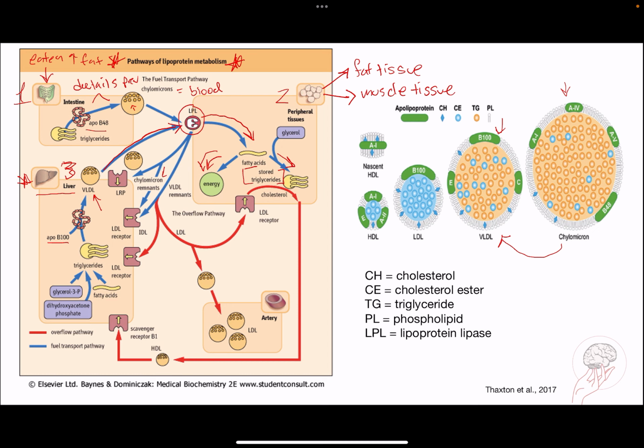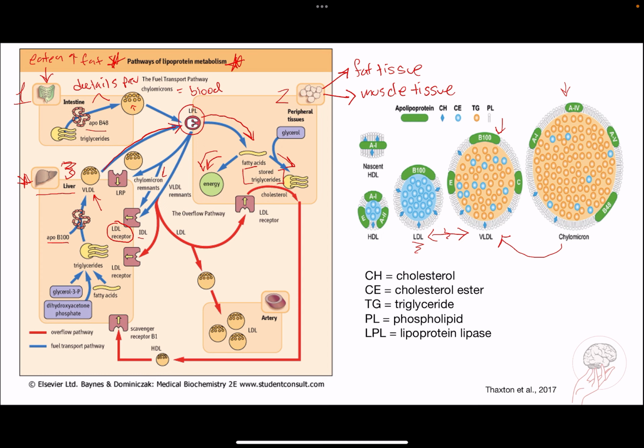So that VLDL will then donate the triglycerides until it becomes an LDL, or an intermediate density lipoprotein that we don't have a picture of, but you can imagine its density is between these two. So this VLDL remnant will get taken up by the LDL receptor.